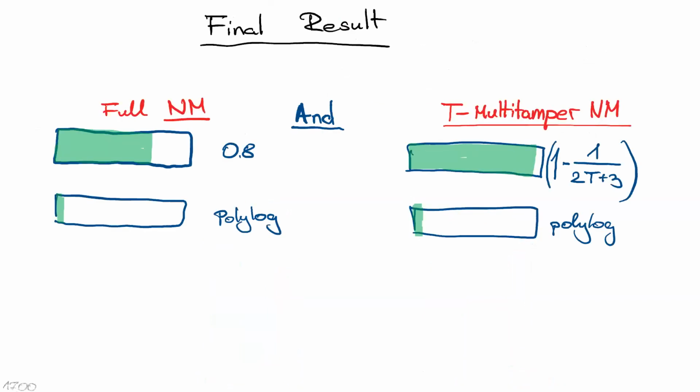So the final result is as follows. We get two-source non-malleable extractor, one source entropy rate 0.8, the other source polylogarithmic. We can also tolerate multiple tamperings. So multiple tamperings, it basically means that instead of seeing the output on one correlated set of sources, inputs, you can see on multiple, right? You pick multiple correlated inputs, you see the output on each of them, and the original output remains uniform and independent, right?